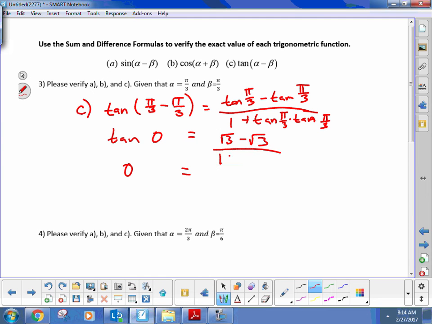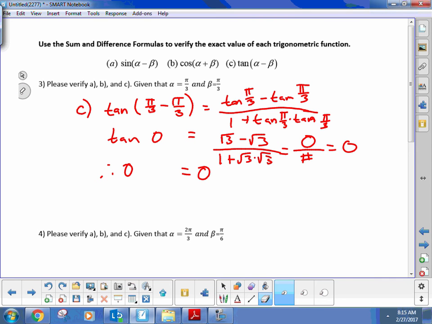And technically, the denominator will be 1 plus square root of 3 times square root of 3. But no matter what, the thing that is important is that the numerator is 0, so the result is 0. Once we make that discovery, it's not necessary to go through the whole process of figuring out the denominator. We went ahead and proved that that is actually 0.